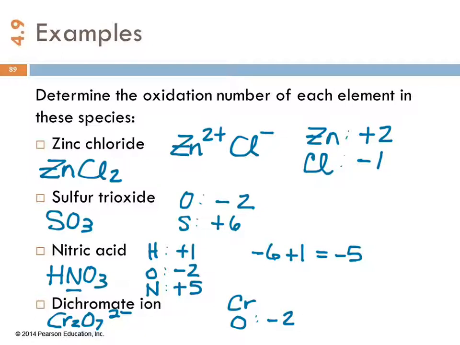The oxygen is -2. The chromium is going to be whatever else works so that this ion gets the right charge. So we've got 7 oxygens. So their oxidation numbers add up to -14, right? And overall, we have a -2 charge.